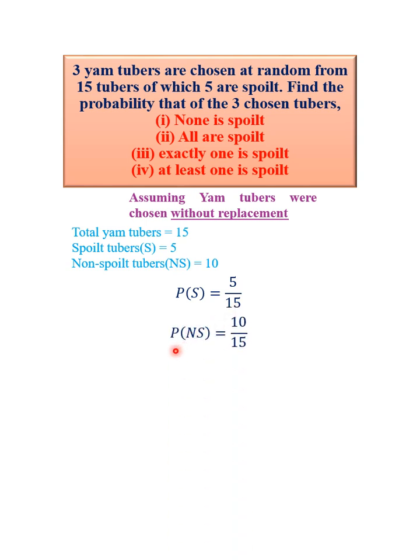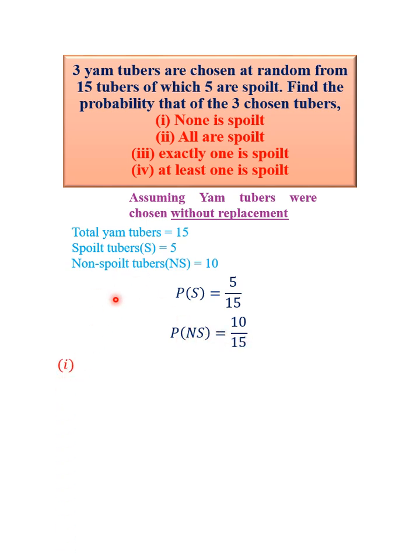Subsequently, in the same vein, the probability of non-spoiled tubers will be equal to the total number of non-spoiled tubers, 10, all over the total number of yams we have, 15. So this is the probability of spoiled tubers, and this is the probability of non-spoiled tubers. Now let's answer the question.